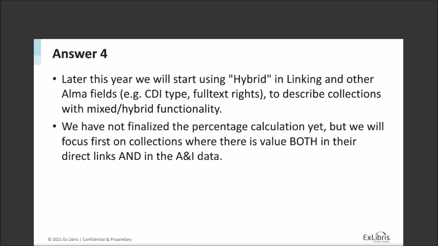And the functionality here will be hybrid, which means the records with direct link to full text will behave as any other full text collection with link in record, which means all the records will show as available and a direct link to full text will appear.